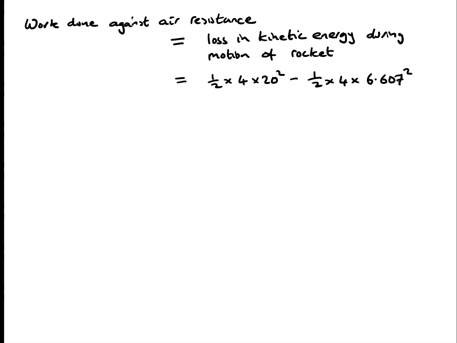So the loss in kinetic energy was its initial kinetic energy, which was a half times 4 times 20 squared, minus the final kinetic energy, which was a half times 4 times 6.607 squared, which ends up being 702.7 joules of energy lost. And that energy that has been lost is precisely the work done against the resistance.